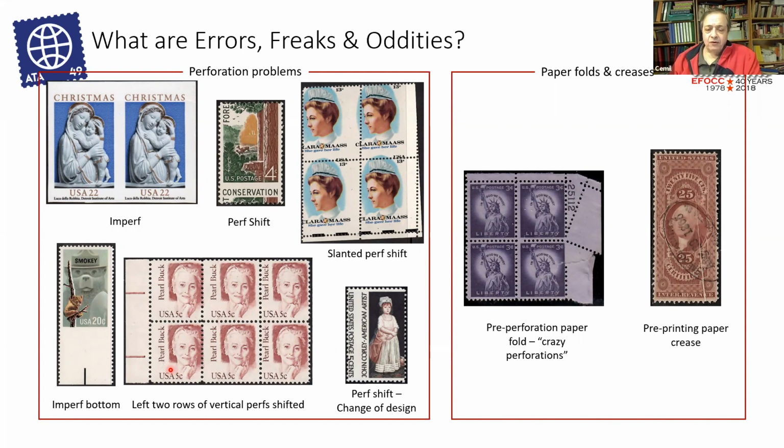But now you see why we want to collect imperfs in pairs, because here it would be possible to cut off this part and end up with a partially imperforate stamp, because the remainder would be a regular size stamp.